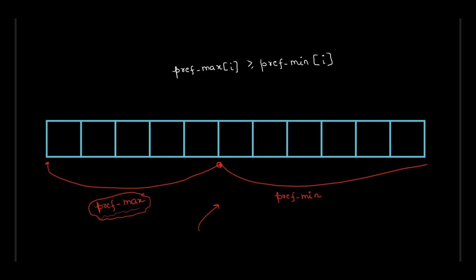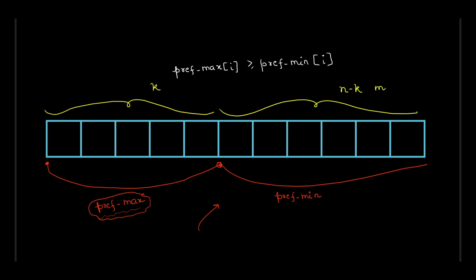So some of you skeptics might think that the best strategy is to explore all possible options: you have k blocks of prefix maxima, and the remaining n minus k blocks of prefix minima.